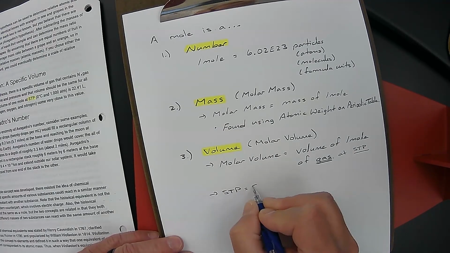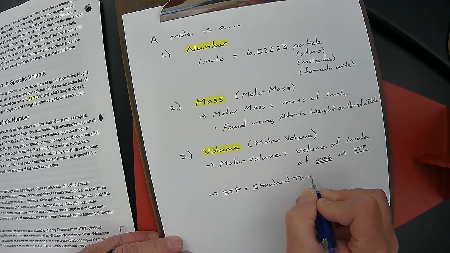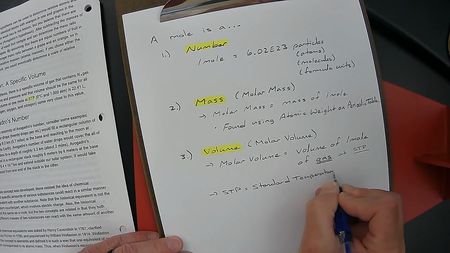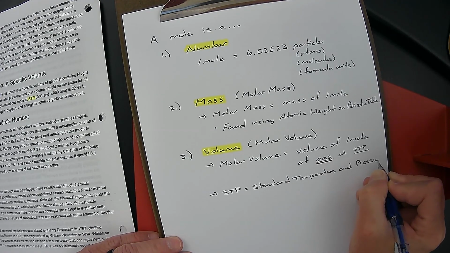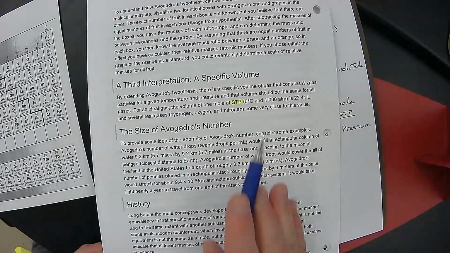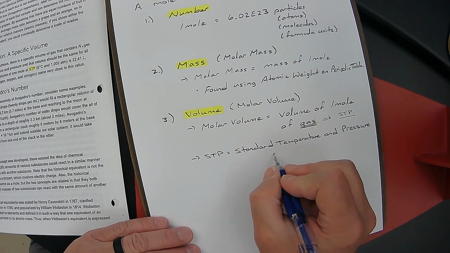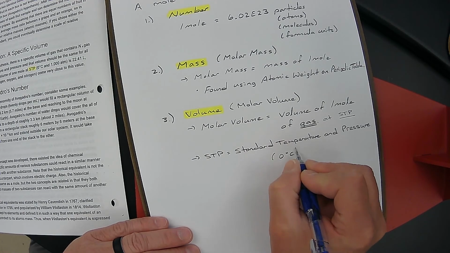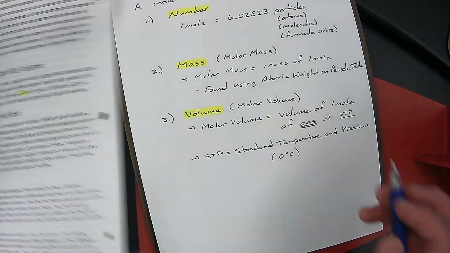And we're going to define STP here. STP stands for standard temperature and pressure. Standard temperature is identified as what it states in the article at 0 degrees Celsius. Standard temperature is 0 degrees Celsius, and standard pressure is 1 atmosphere.